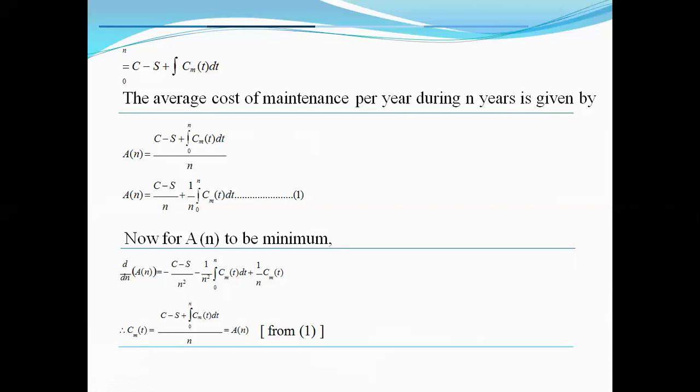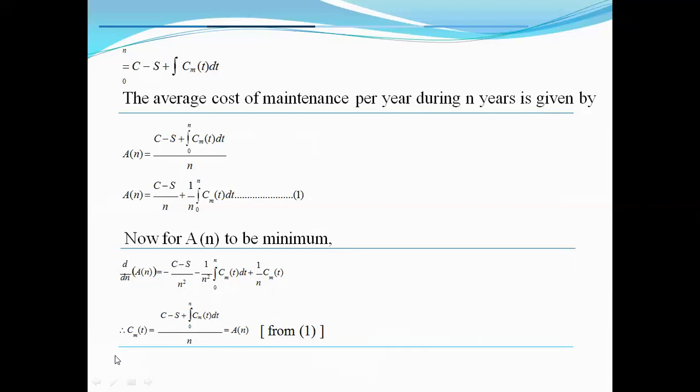applying the differentiation function for An, that is d by dn of An is equal to minus of (C minus S), that is the investment cost of the machinery minus scrap, by n square, minus 1 by n square of integration 0 to n of the maintenance cost Cm of t dt plus 1 by n of Cm of t.